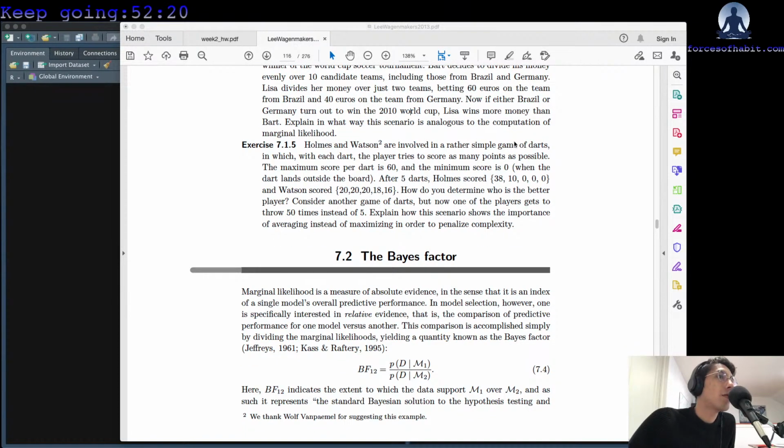Holmes and Watson are involved in a rather simple game of darts. After 5 darts, Watson scores. How do you determine who is the better player? Consider another game of darts, but now one of the players gets to throw 50 times instead of 5. Explain how this scenario shows the importance of averaging instead of maximizing.